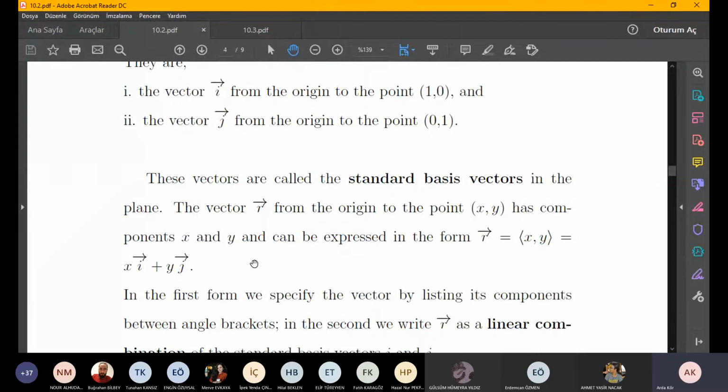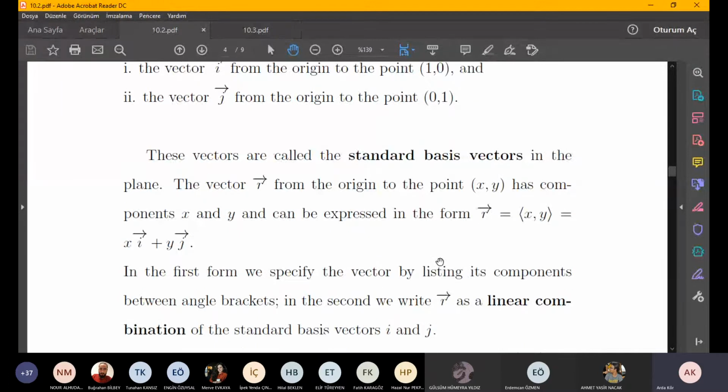And any vector in two-dimensional space which starts from the origin, so the initial point is the origin and the terminal point is (x, y), has components x, y as we expressed on Monday, and we write it by those parentheses.